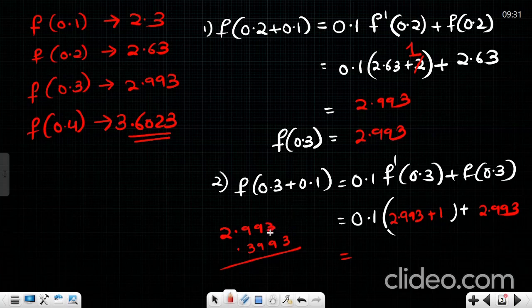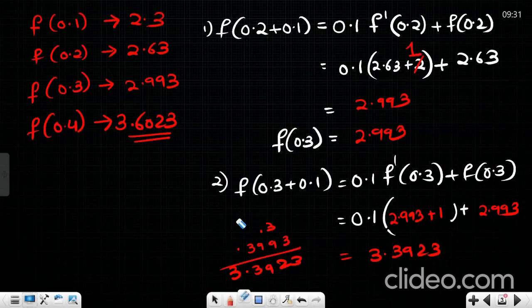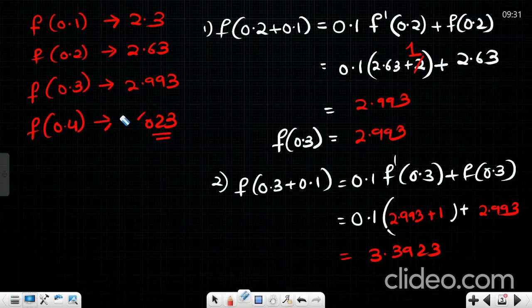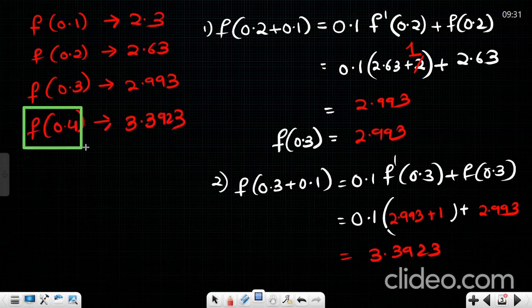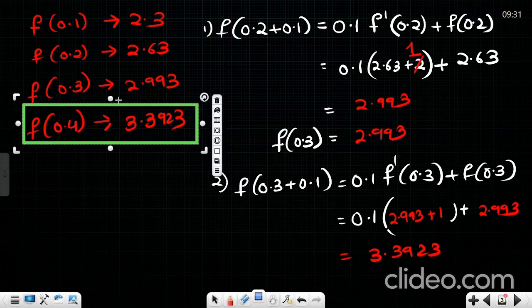That's the mistake. So we will be getting 3.3923. Let me check whether your teacher got the same answer. 3.3923. Yes, perfect. So your teacher also got the same in the question. So same thing here, will be getting 3.3923. This is the value of f of 0.4 according to the Euler's approximation method.